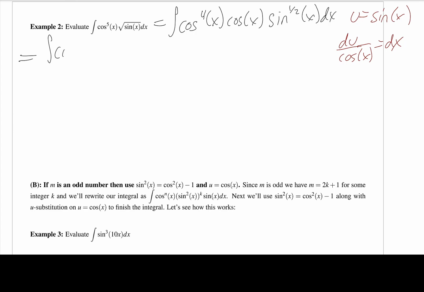Right, so we've got cosine squared of x, squared. But remember, we're going to be rewriting this cosine squared of x as 1 minus sine squared. Right? So let's see, this is 1 minus sine squared of x.